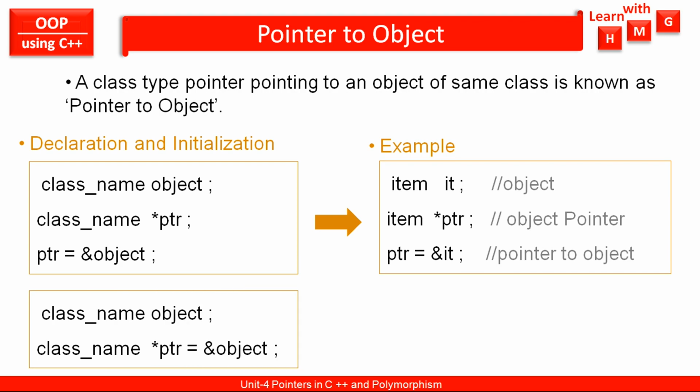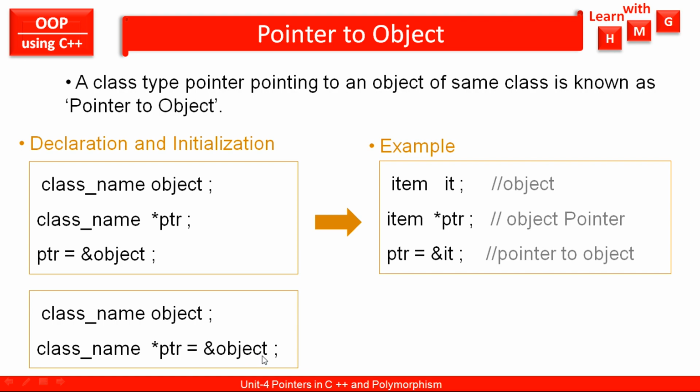The same thing can be done in two steps also. Here the first step is class name object, that is we have to create the object of the type class. Then the second step combines the pointer declaration and initialization: class name *ptr = &object.